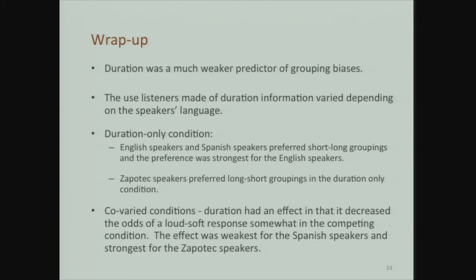In the covariate condition, duration had the effect that it decreased the odds of a loud-soft response somewhat in the competing conditions. This effect was weakest for the Spanish speakers and strongest for the Zapotec speakers, even though in the duration-only sequences, the Zapotec listeners had preferred long-short grouping. So this is an interesting finding.